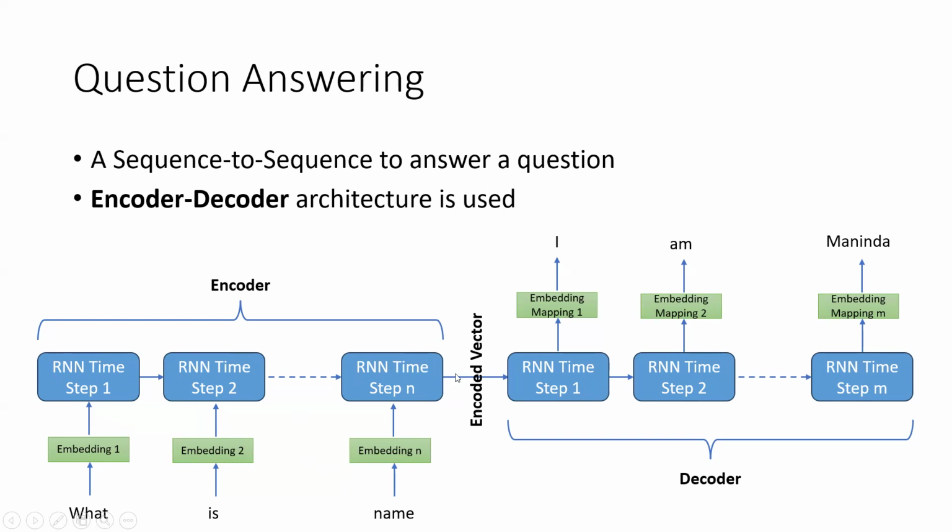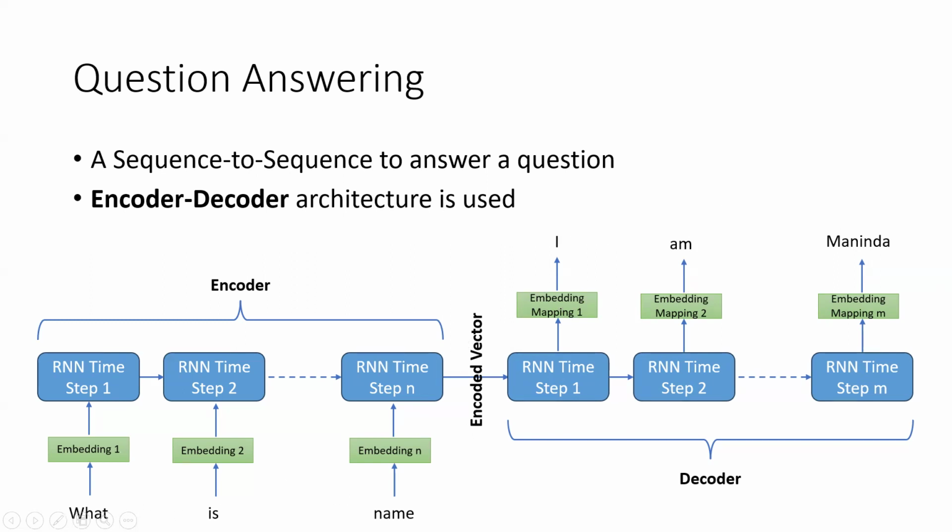This encoder is able to take the meaning of the question as an encoded vector, and this decoder can understand this vector and give the answer as words one by one, like the earlier case, where the vectors are generated and mapped to the words in the vocabulary using a technique like the softmax classifier, right?